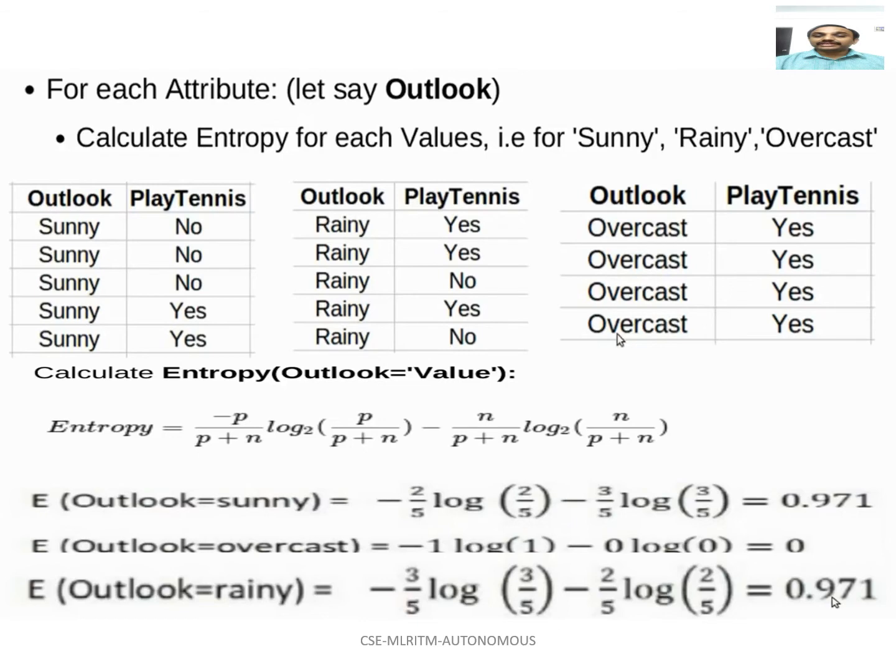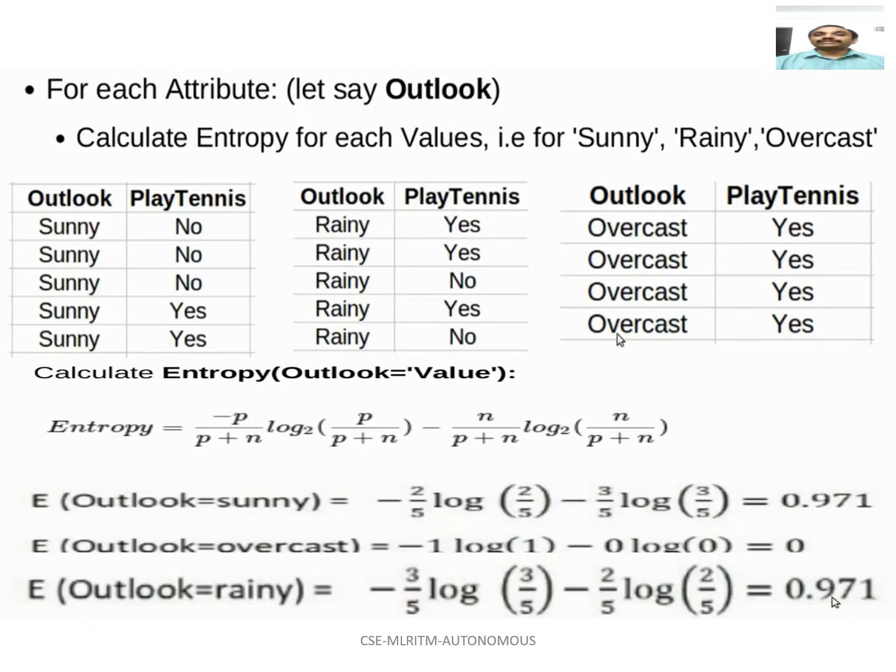So those three are values of the outlook attribute. In the outlook attribute, sunny case, we have 3 negative and 2 positive. In the case of rainy, we have 3 positive, 2 negative. So now we have to calculate entropy for each attribute value.